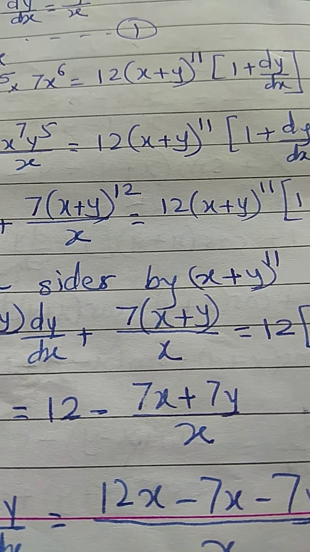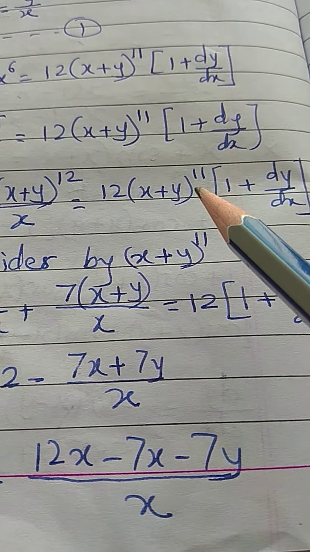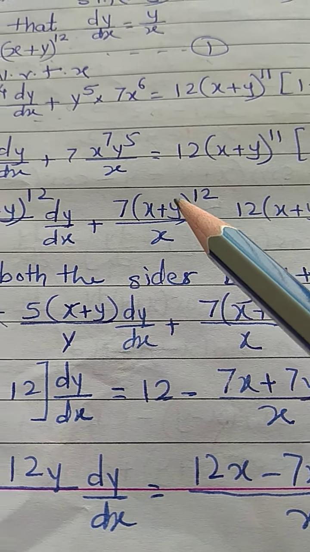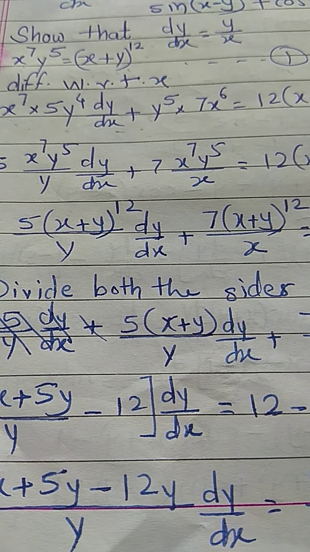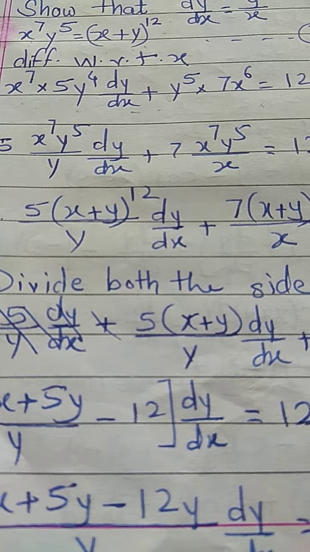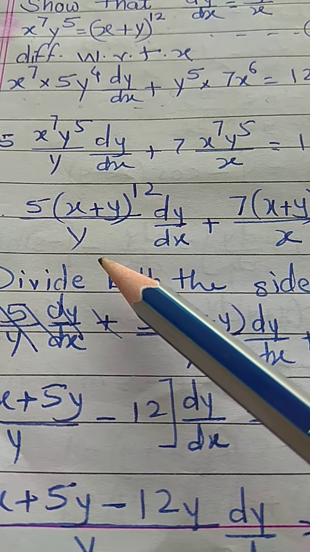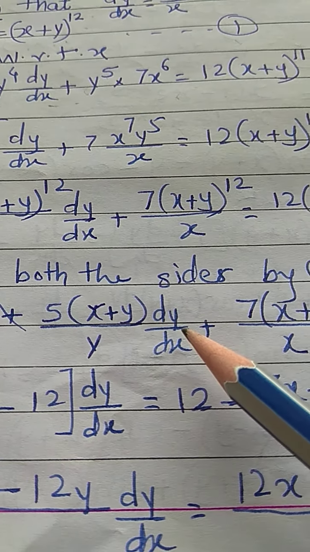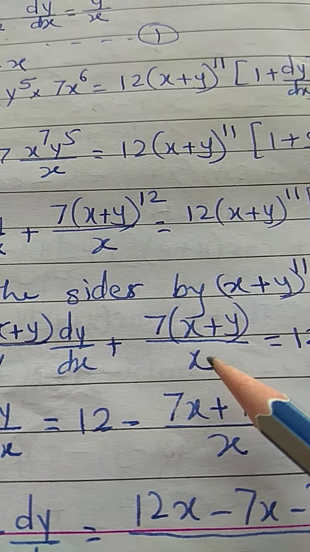Okay, so x raised to 7 y raised to 5, we are writing here (x plus y) raised to 12. Now dividing both the sides by (x plus y) raised to 11. See here, (x plus y) raised to 11, (x plus y) raised to 11, we can divide both the sides by (x plus y) raised to 11. What remains here is 5 times (x plus y) upon y dy by dx, plus 7 times (x plus y) upon x.